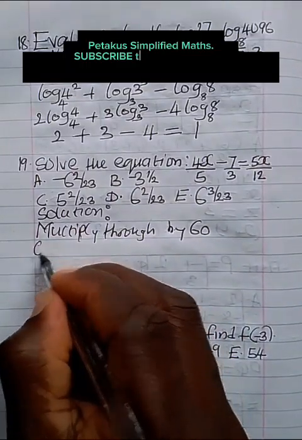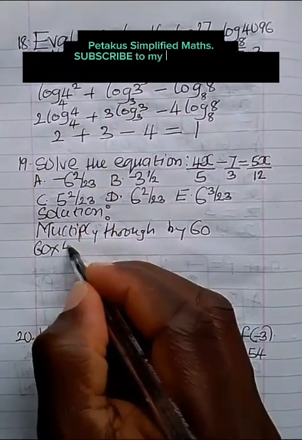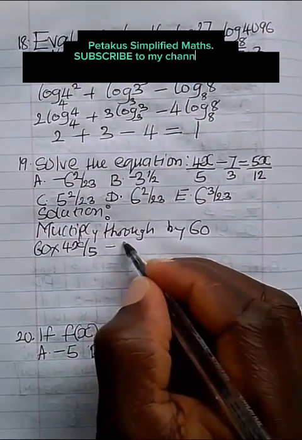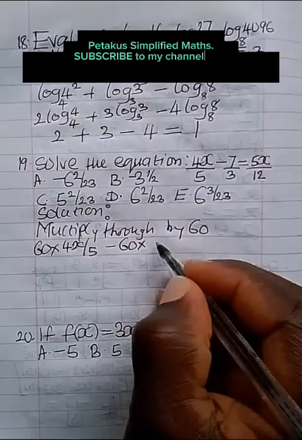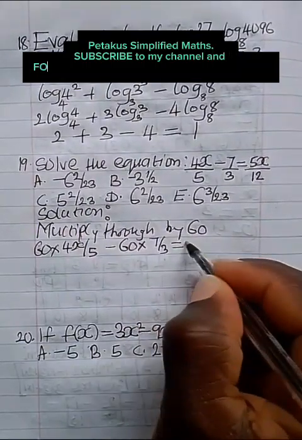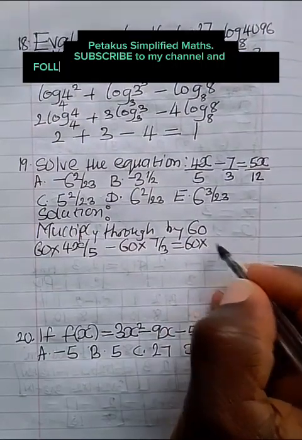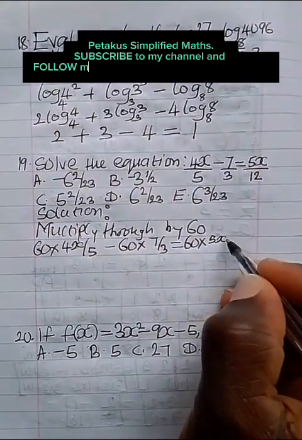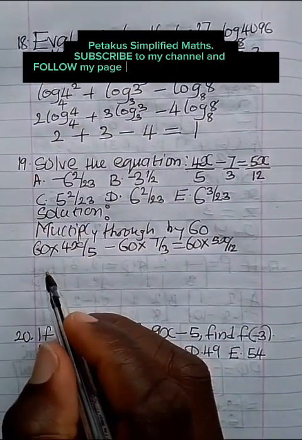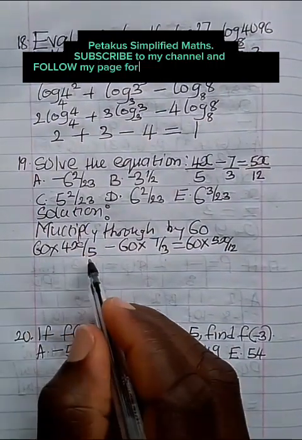So you have 60 times 4s over 5 minus 60 times 7 over 3 equal to 60 times 5s over 12.